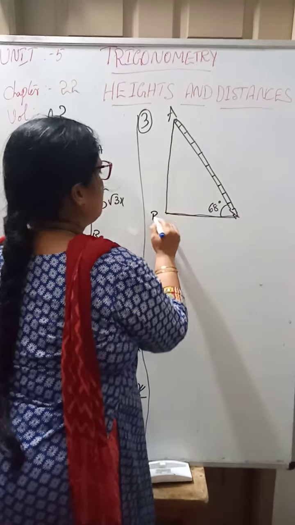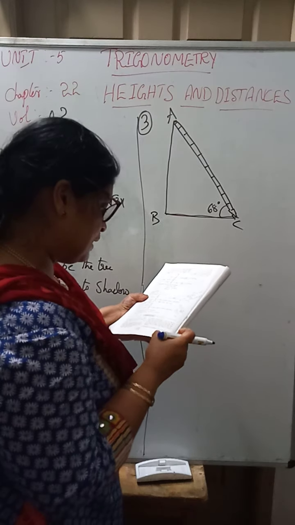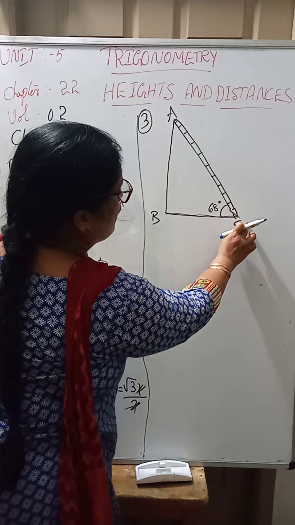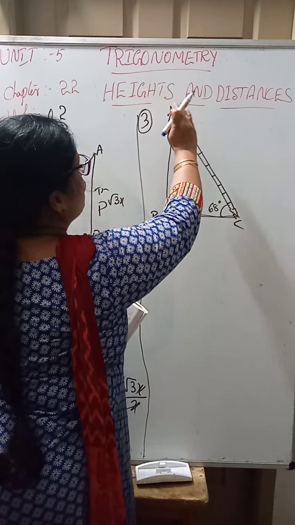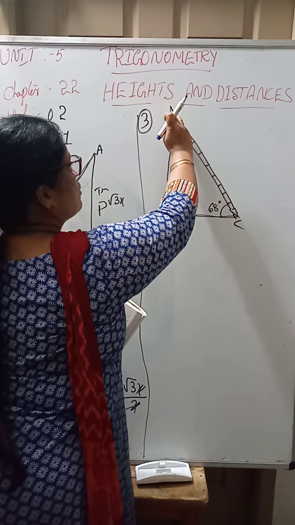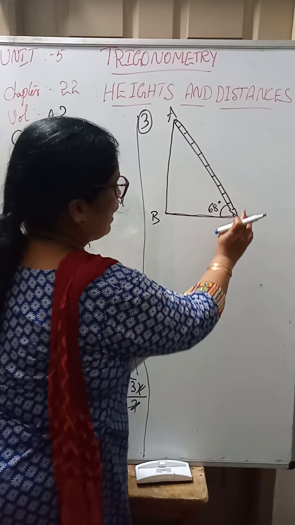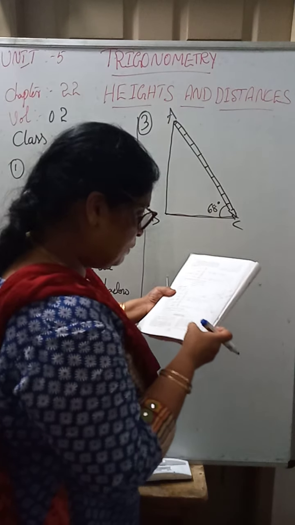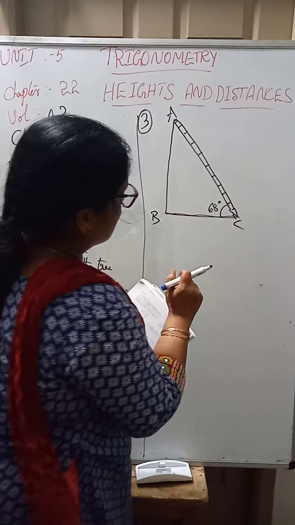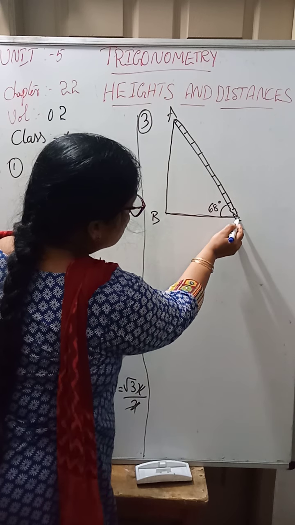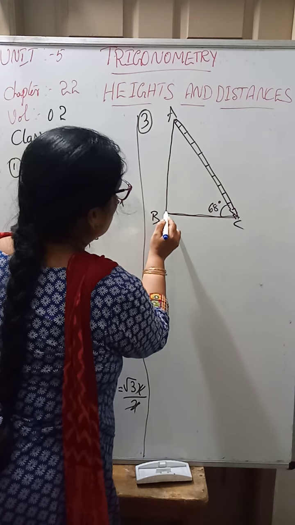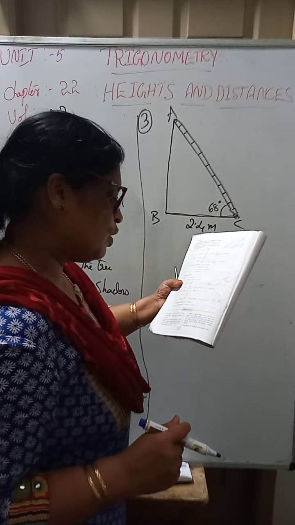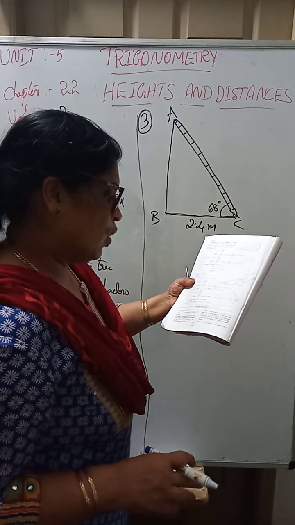Now let us call these A, B, C. They have given the foot of the ladder. This is the foot of the ladder, and this is the top of the ladder which rests against the wall. Now the foot of the ladder, placed on the ground level, makes an angle of 68 degrees, and from the foot of the ladder to the wall is 2.4 meter.